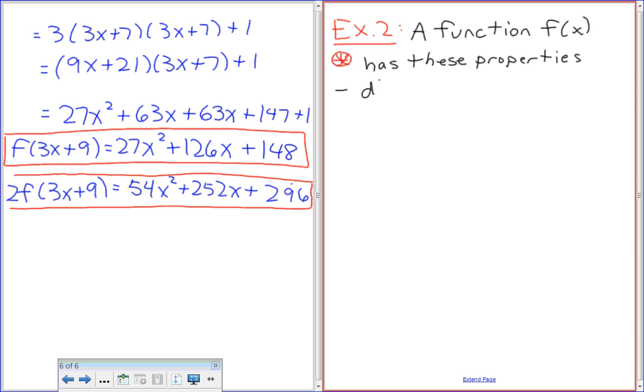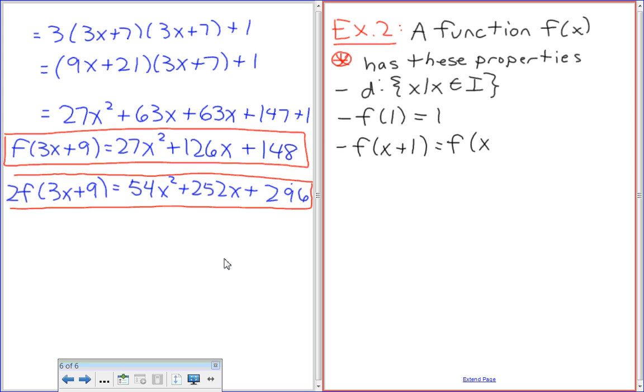The domain is going to be x is any integer. f of 1 is equal to 1, and f of x plus 1 is equal to f of x plus 3x times x plus 1, plus 1.